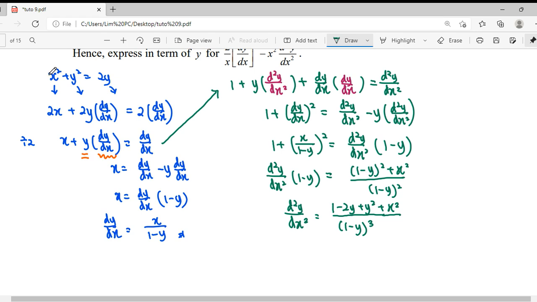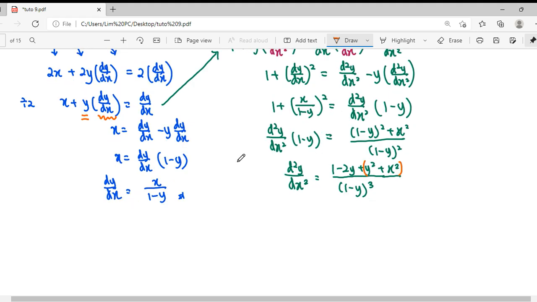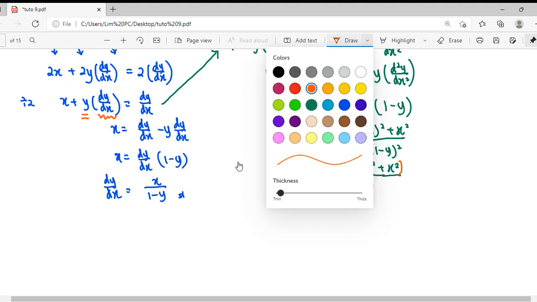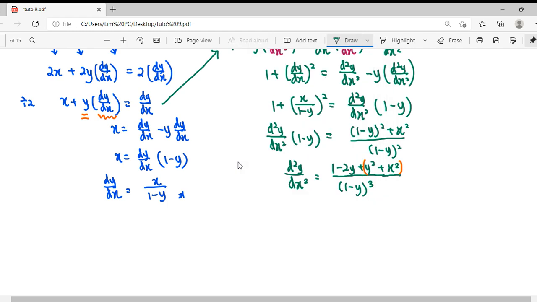So notice that x squared plus y squared, given in our question, is equal to 2y. So this x squared plus y squared is equal to 2y. Therefore, we substitute that part. It will become positive 2y.